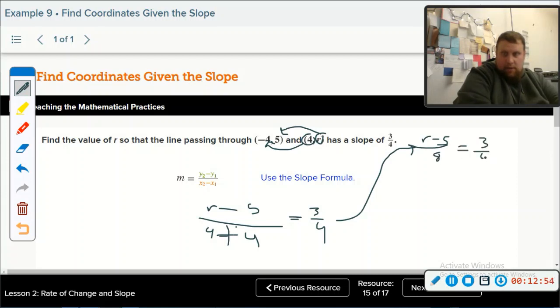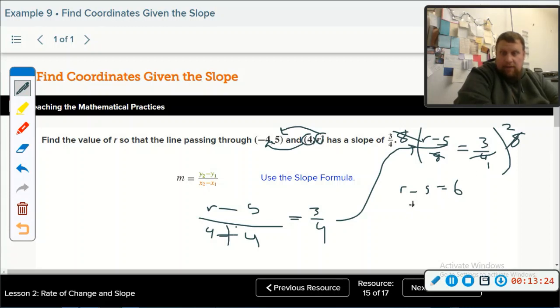Now watch this little magic. I want to get rid of this 8, so I'm going to multiply the whole thing by 8, because that's divided by 8, right? So that's going to cancel this out. And I need to multiply this side by 8 as well, which 4 goes into 4 once, it goes into 8 twice. So now, what am I left with? I'm left with r minus 5 equals 6, because 2 times 3 is 6.